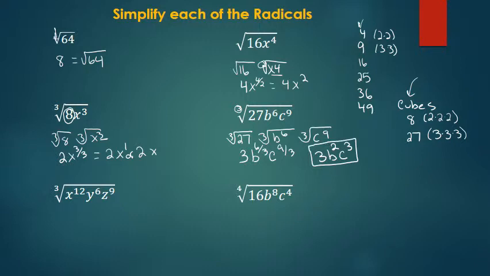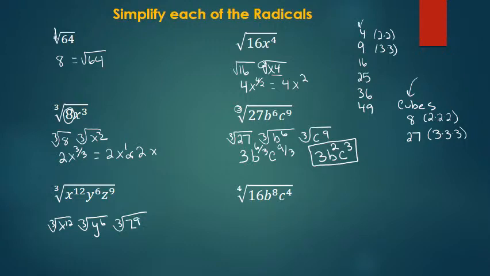All right, here's another one, and this one doesn't have any numbers. We're only dealing with variables. So I'm going to go ahead and rewrite as the cube root of x to the 12, cube root y to the 6, and cube root z to the 9.